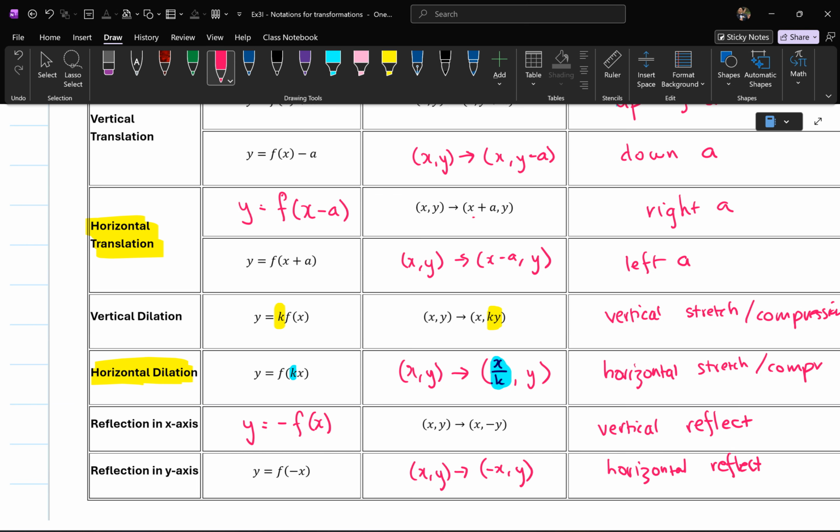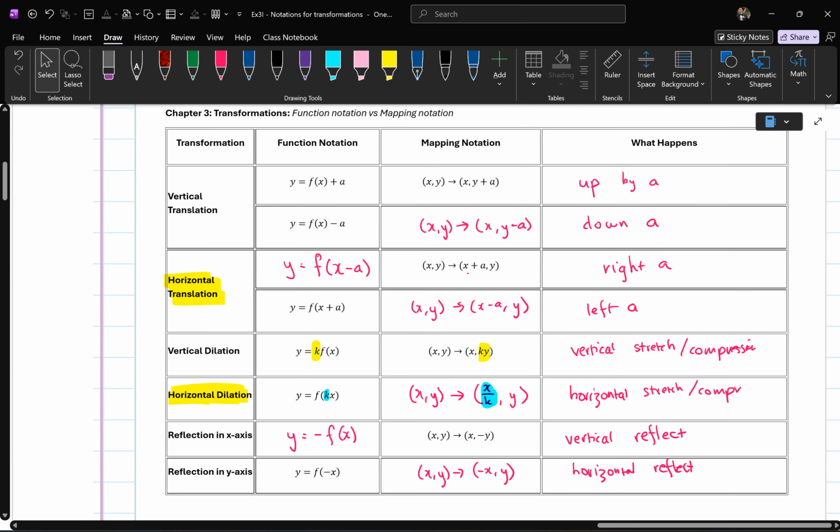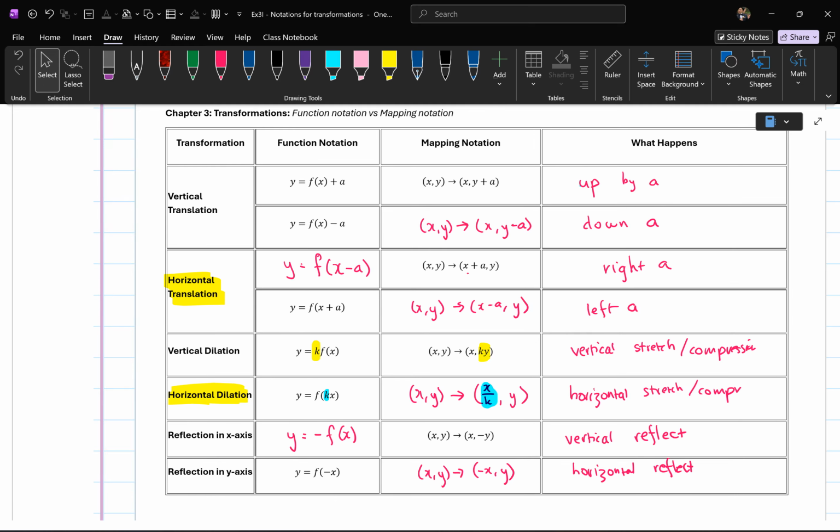Same thing as saying reflection in the y-axis. So that hopefully summarizes what you should know from chapter 3. So when we're saying read the mapping notation, read function notation, this is what I mean. Common errors, those dilations, anything to do with the horizontal.